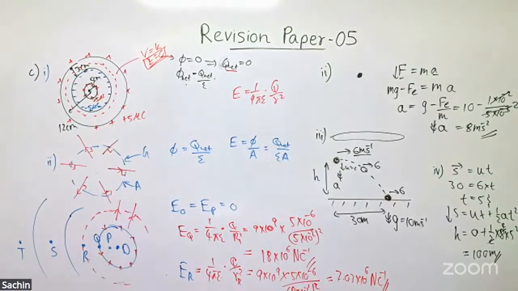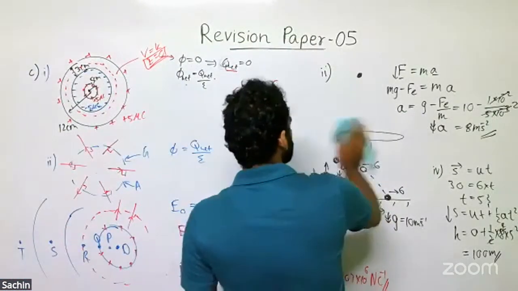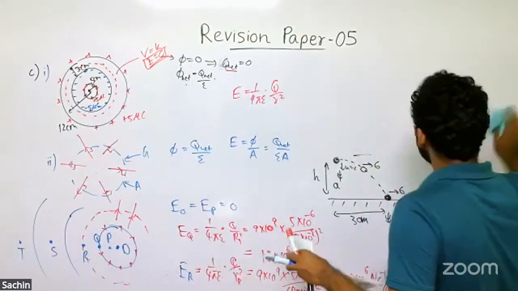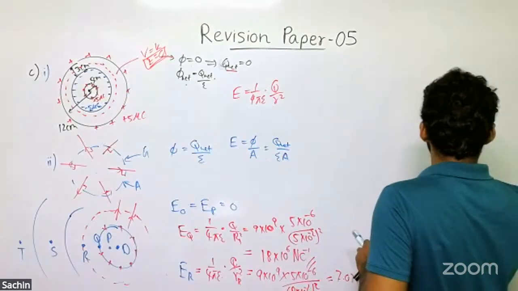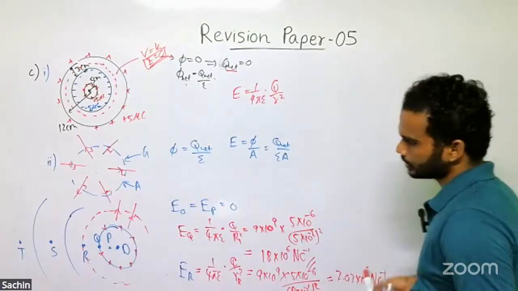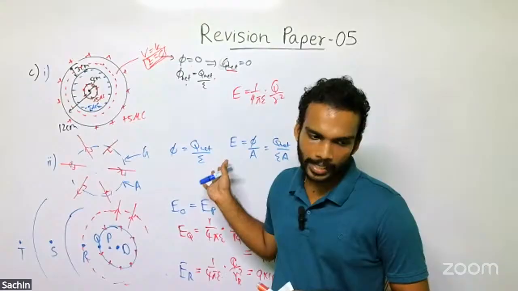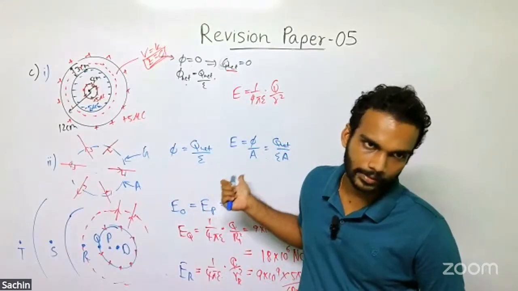So I just want to show you the logic behind how to obtain these expressions. The first, inside the conductor, there is no electric field, 0. Then Q and R, I got the answer just by using the Gaussian surface.